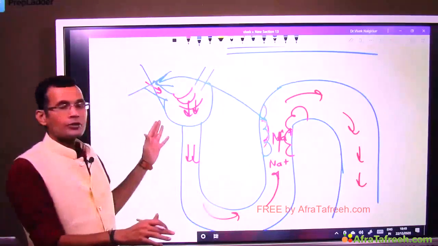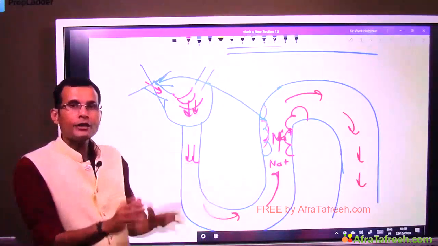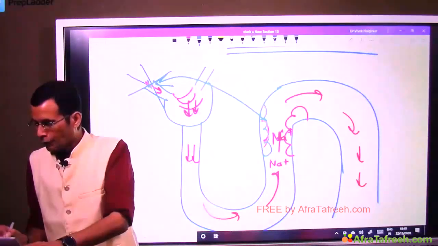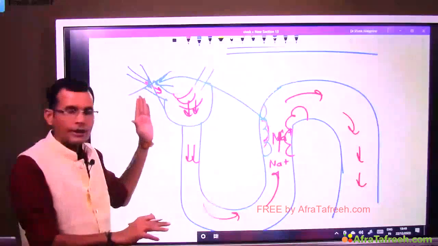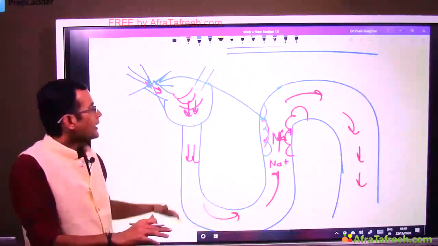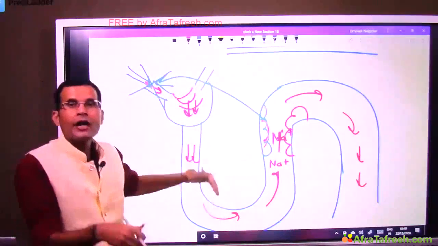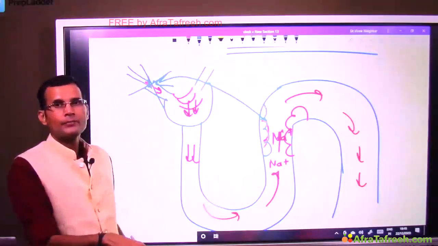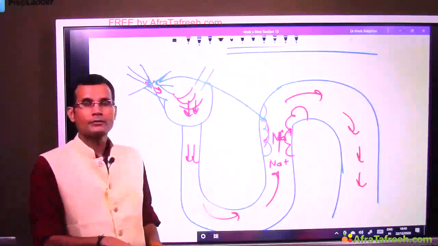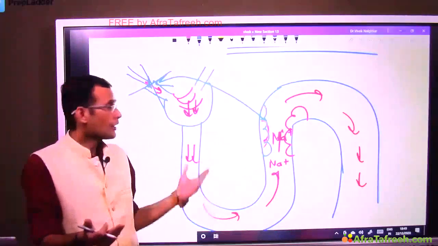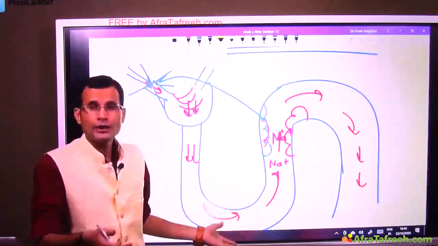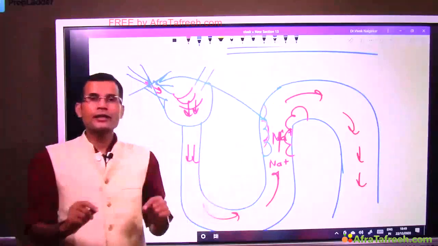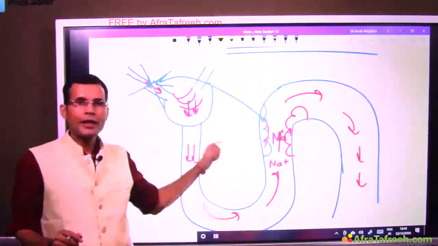Adenosine will cause constriction of the afferent arteriole, which means blood flow to the glomerulus will decrease, and therefore GFR and sodium filtration will also decrease. That was the demand, because otherwise sodium was going to be lost into the urine. So adenosine is one important ligand for this.